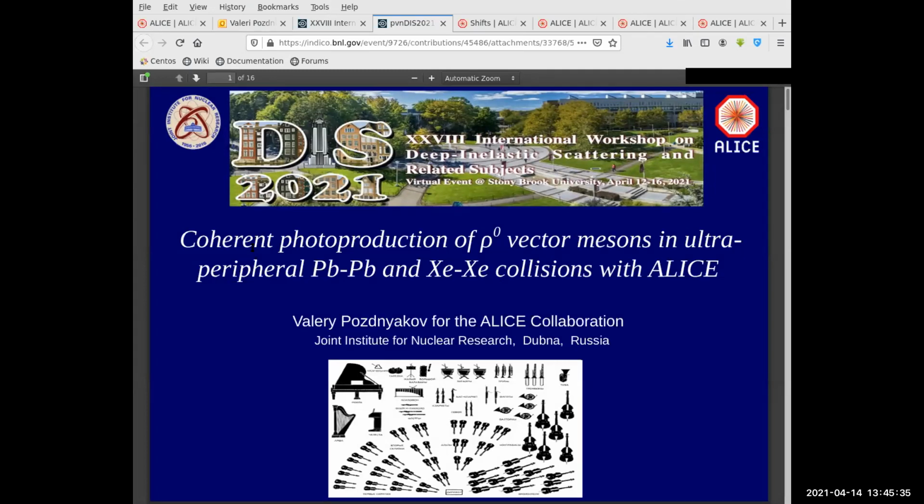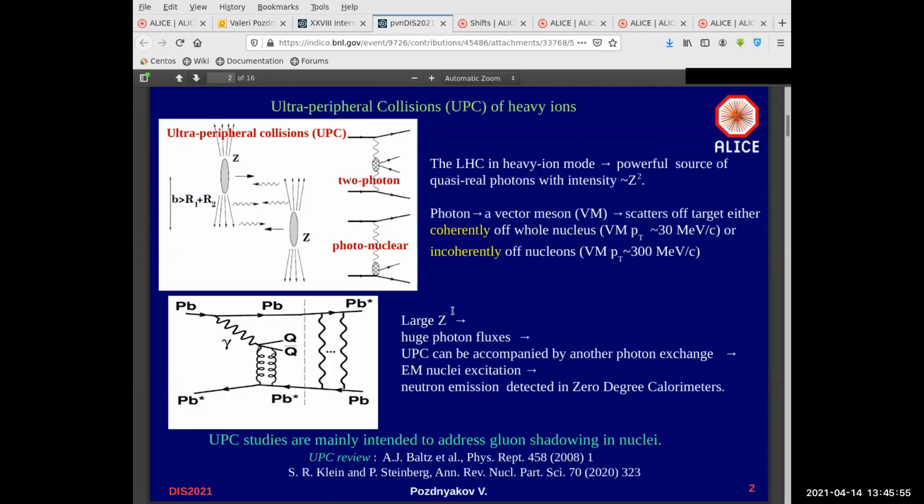At first, I would like to say thanks to the organizers for providing the possibility to present our results obtained with the ALICE detector for different kinds of collided ions. I will speak about a study of so-called ultra-peripheral collisions of heavy ions, schematically drawn here.